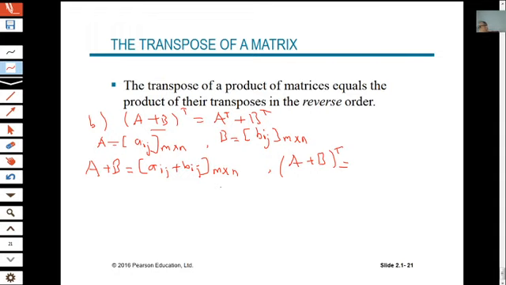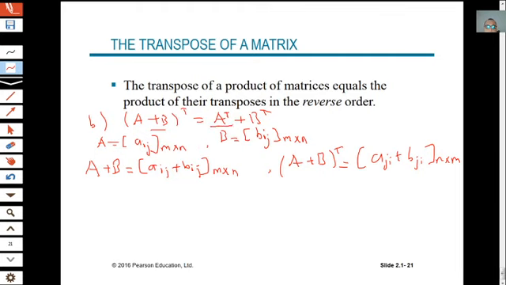We will change the meanings of the columns and rows. So this will be written as Aji plus Bji, n by n.